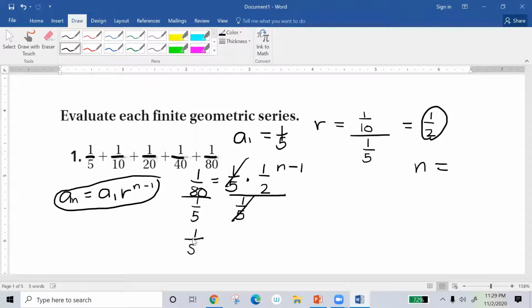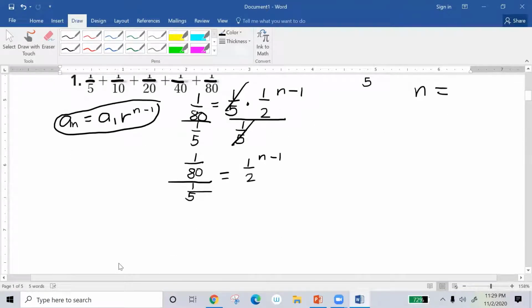So now we have 1 over 80 divided by 1 over 5, which will be equal to 1 over 2 raised to n minus 1. 1 over 80 divided by 1 over 5 is 1 over 16, which is equal to 1 over 2 raised to n minus 1.